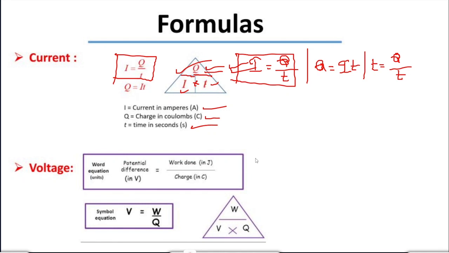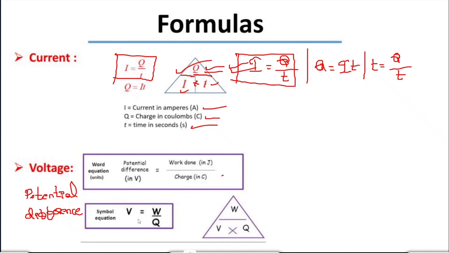The next formula is voltage, also known as potential difference, denoted with the letter V. What is potential difference? It is nothing but the work done by the electric field on a charge.